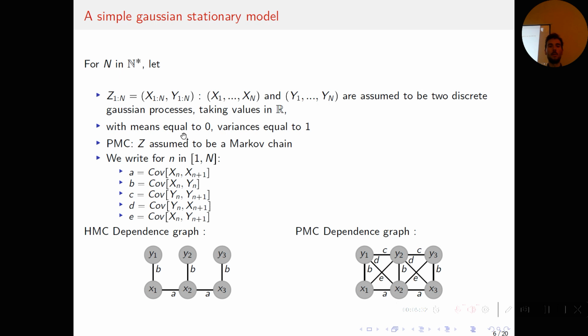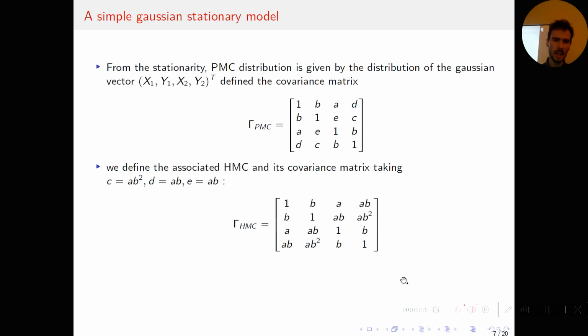So we are in a PMC framework, so Z is assumed to be a Markov chain. By stationarity, we can write the different covariances as constants, and we can see that we can find our covariances in the dependence graph.